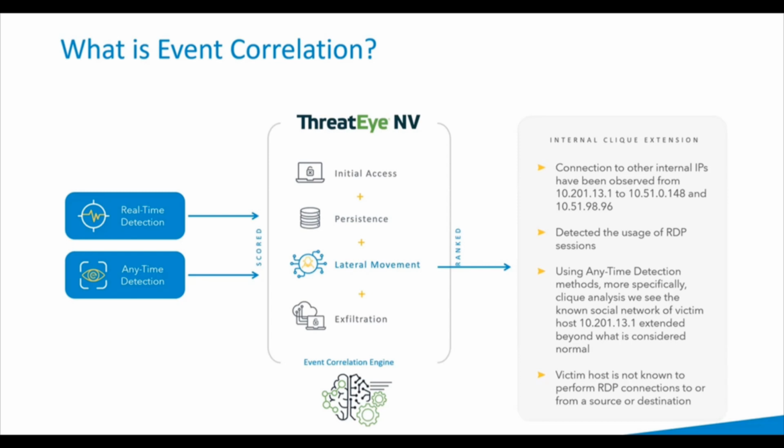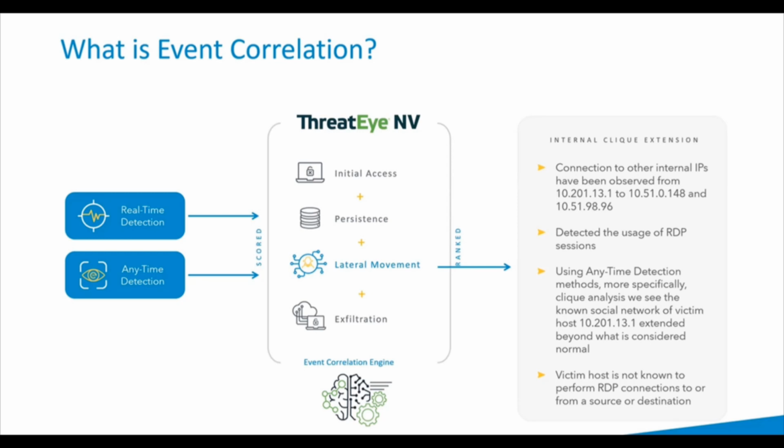Following establishing persistence, we come across some interesting information around what could be considered lateral movement. So once this VPN's been set up, we see external activity to this host. We start seeing connections to other internal IPs.